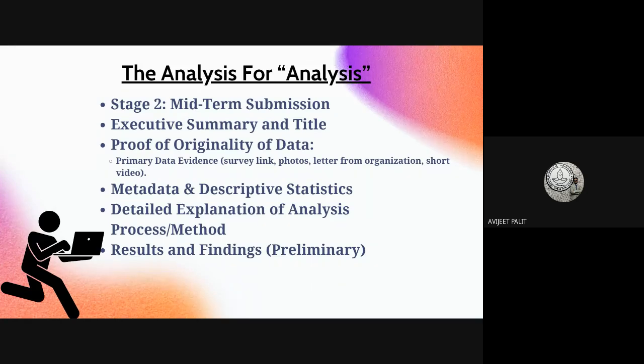Next is the descriptive statistics. In descriptive statistics, you have to give the mean, median, mode, standard deviation, skewness, max value, percentile values, or quartile values, like that. You have to put all those things for each of the columns.